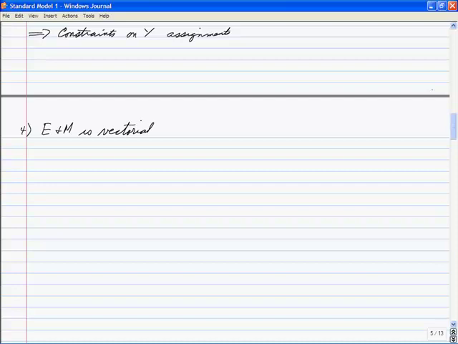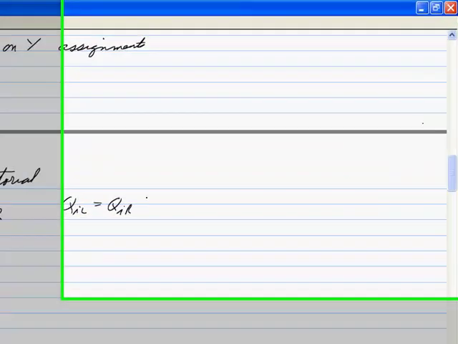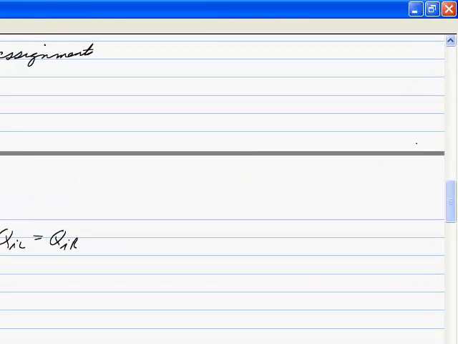What this means is that for every left-handed particle that you find, there's also another right-handed partner with Q_i left is Q_i right. So that's also an ingredient.